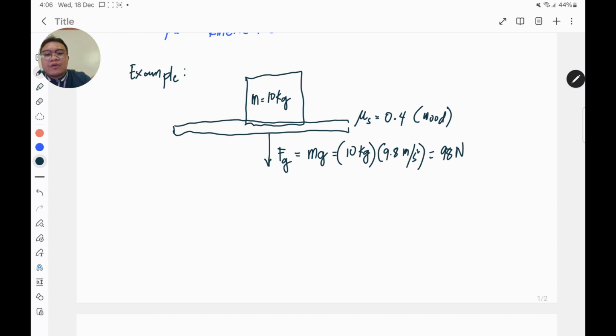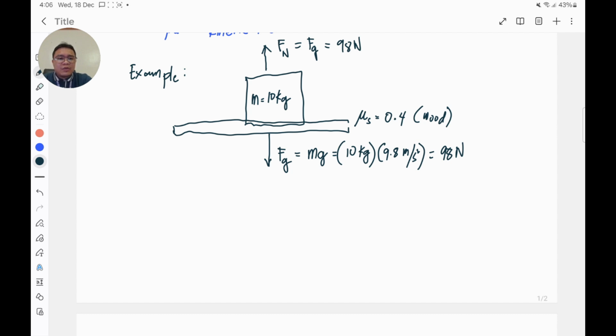Okay? And of course, you also have the upward, perpendicular force, which is your normal force, which in this case is equal to Fg, which is also 98 newtons. But of course, the direction of your normal force is going upward, so it's a positive value, while your gravitational force is going downward, so it's a negative value.